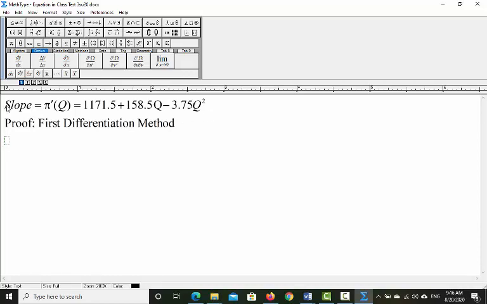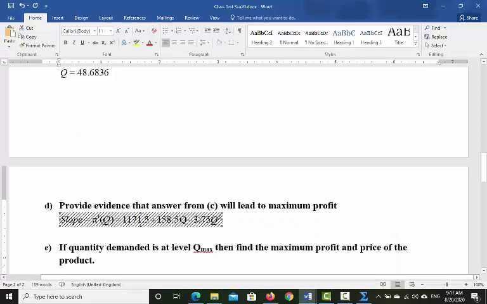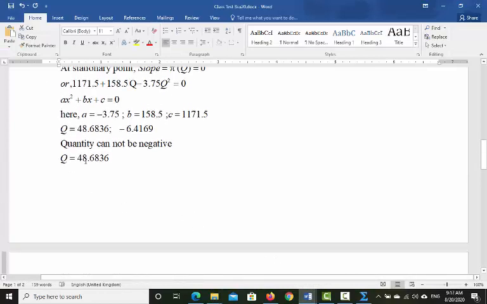Right, so this is the slope function. Obviously here at the stationary point, the value of q we got is 48.6836.